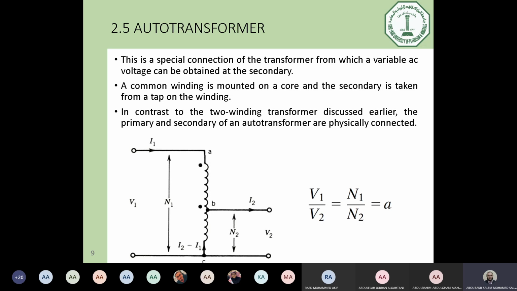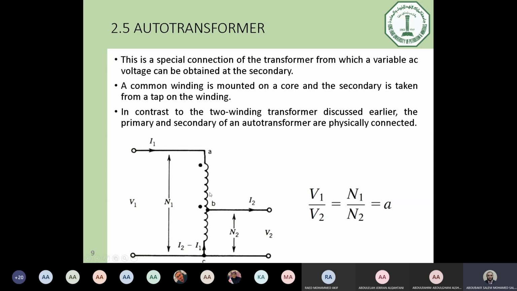One of the configurations, can you see here, we have one winding N1, and we add a slide on a certain part of the winding, like N2 for instance. Because N1 is greater than N2, this means that the output voltage will be a part of the input voltage.